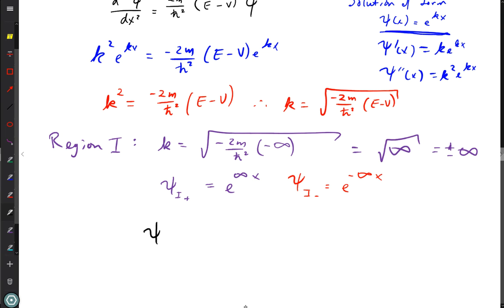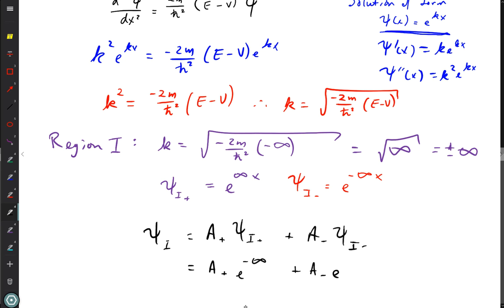That means my total psi in region 1 is equal to some constant, A plus, times psi I plus, plus A minus times psi I minus. That's going to be equal to A plus e to the minus infinity for all x's plus A minus e to the plus infinity for all x's.